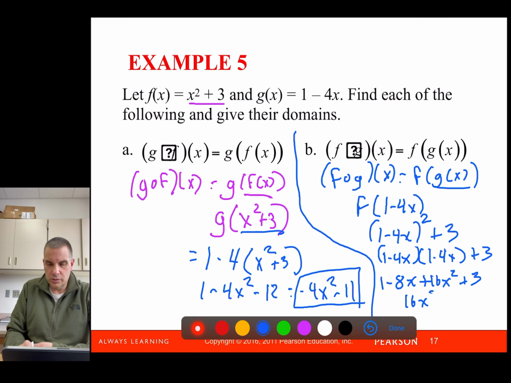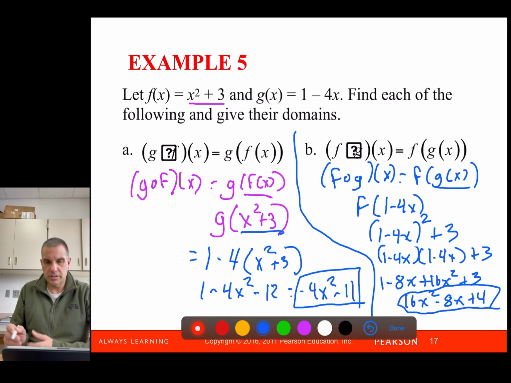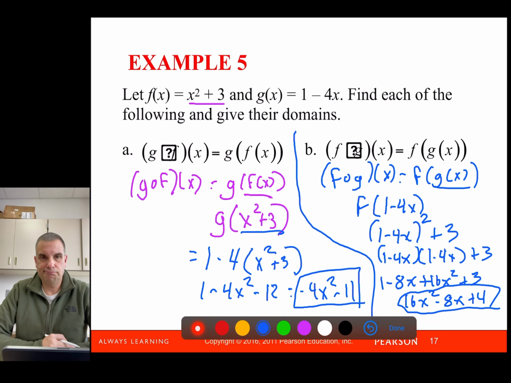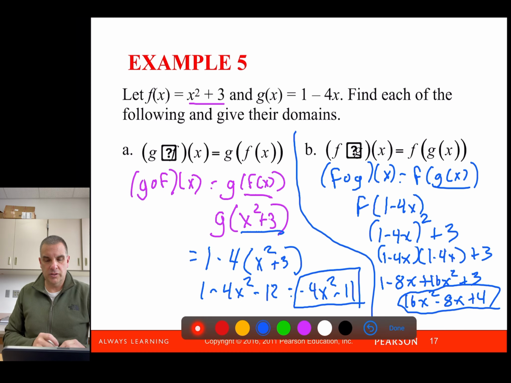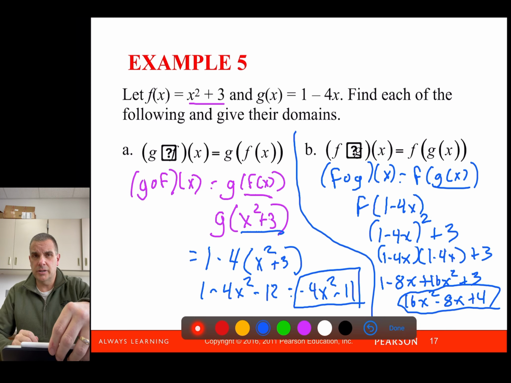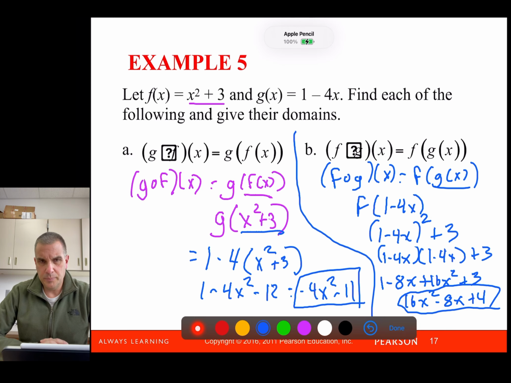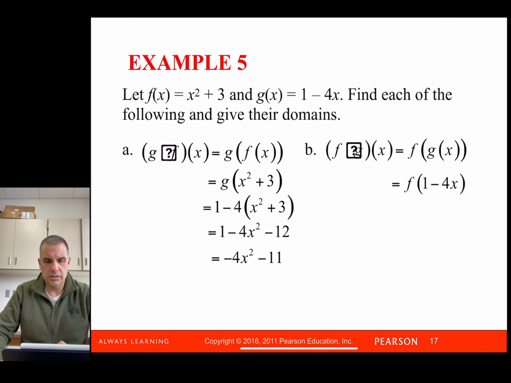So 16x squared minus 8x plus 4. And again, all real numbers for your domain for that one as well. But again, you're creating a rule when you're doing these. And we've done these before, so this is kind of just a review. We're creating a rule when you're just given that x. So remember to replace where you need to.